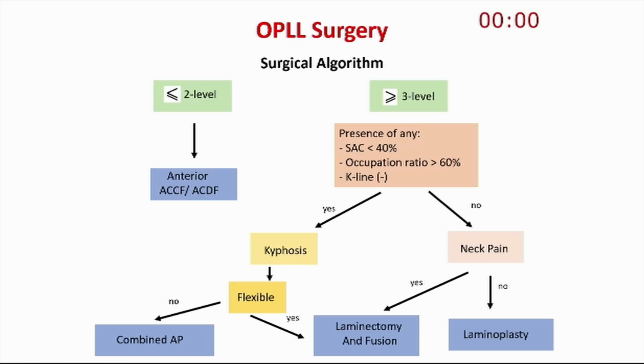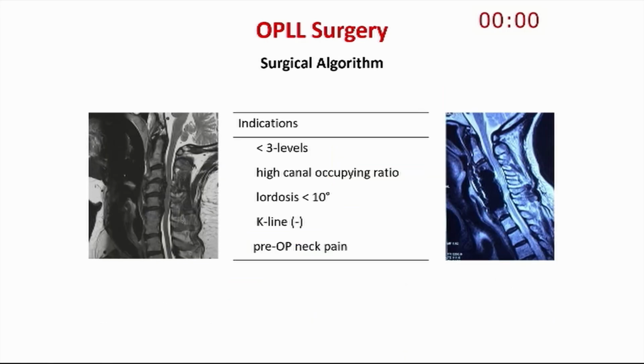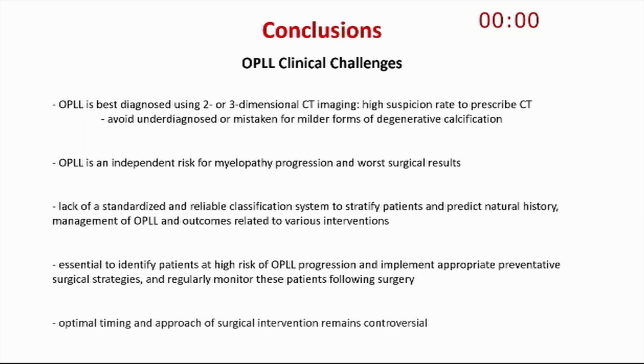If flexible, you address from posterior; if not flexible, you probably have to combine. If you don't have kyphosis but have neck pain, go for laminectomy and fusion; no neck pain, laminoplasty. So, for example, this patient of mine: less than 3 levels, high canal occupying ratio, lordosis less than 10 degrees, K-line negative, pre-op neck pain, I address it from anterior.